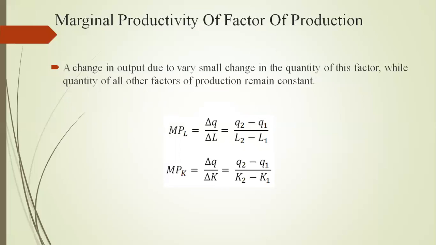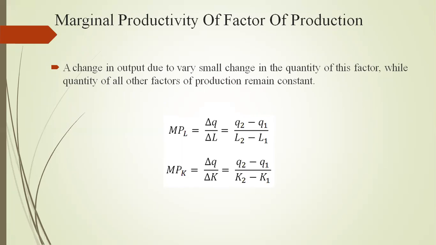So change in quantity divided by change in labor, or we can write Q2 minus Q1 over L2 minus L1. Remember this, during this time when we are making a change in labor, we are considering capital constant. Next, marginal productivity of capital: when we are calculating it, we are measuring the change in output with respect to a small change in capital, and we are keeping labor as a constant factor here.